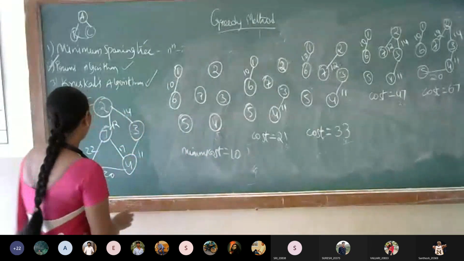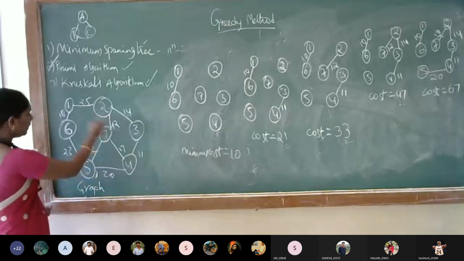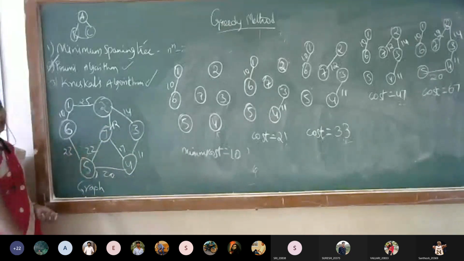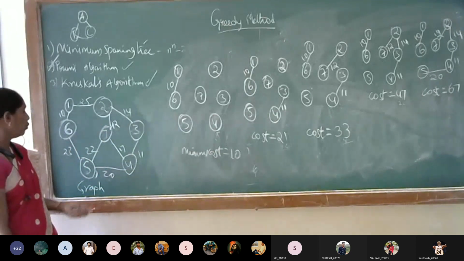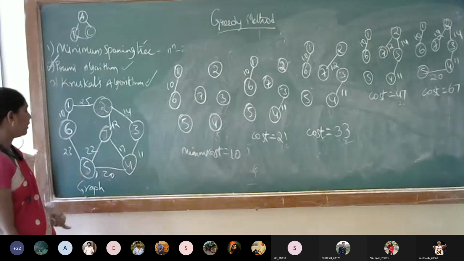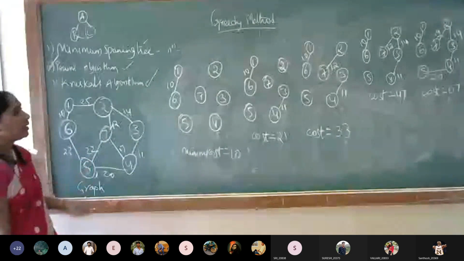Okay, so after visiting 20, what is the minimum cost I am having? 22. Okay, so 22 is existing between what? Between 7 and 5.